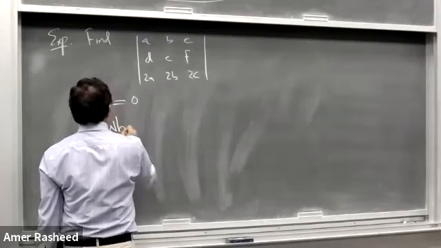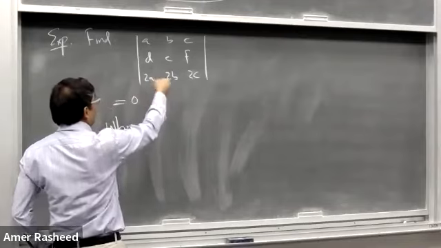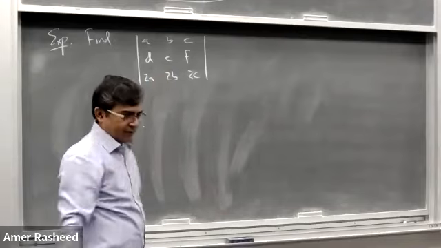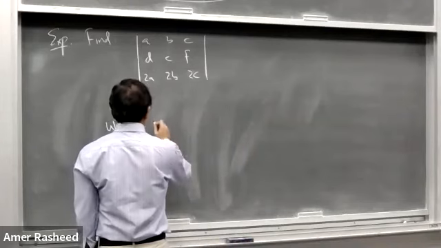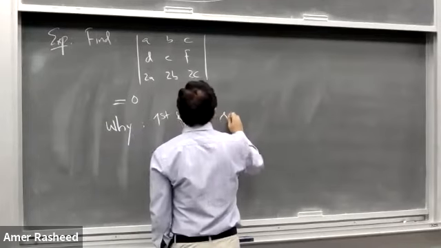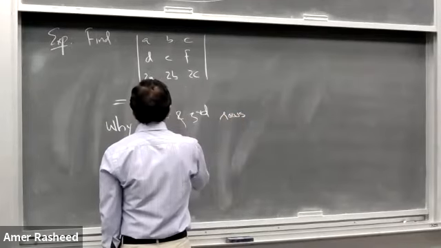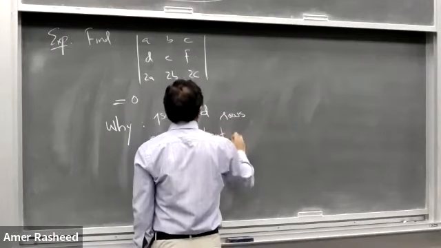Why? You have to justify your answer. Okay. Because the first row and third row are constant multiple of each other.